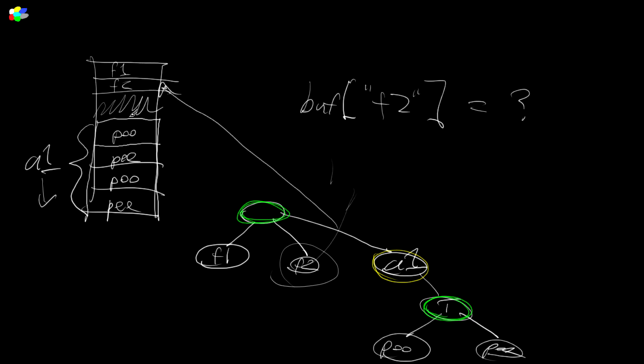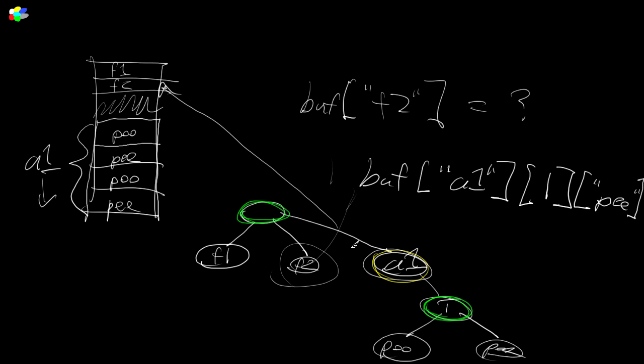It's just a direct offset number of bytes into the byte buffer. But with an array, you can't do that. If you do buff, A1, get element 1, which is this one here, and then get the P of that element, let's think about it for a second. This is the conundrum that I had to face when I was implementing this.